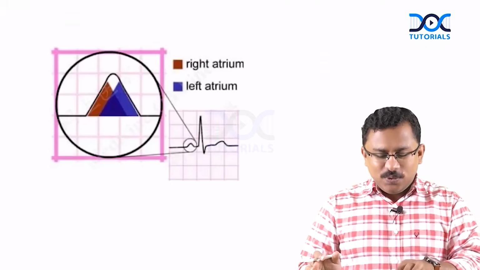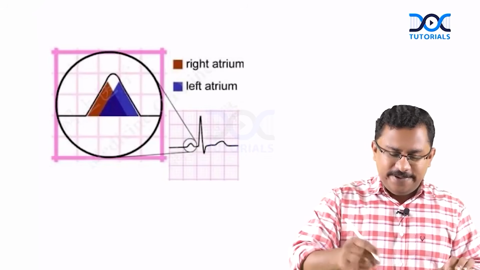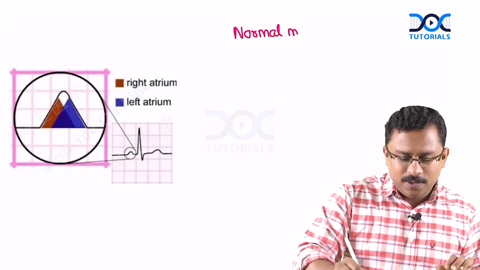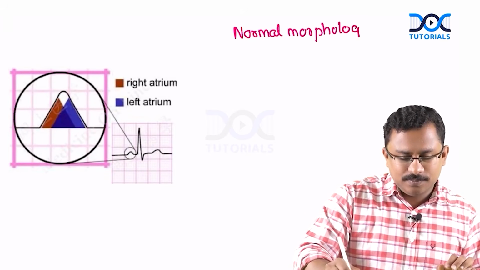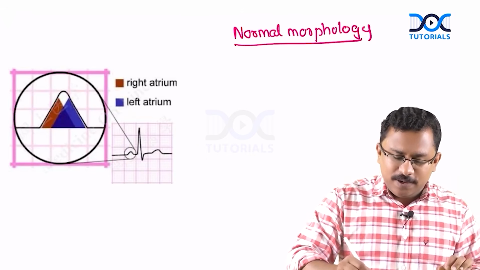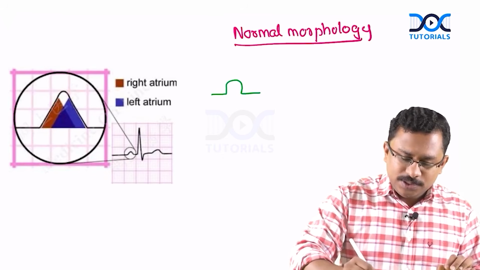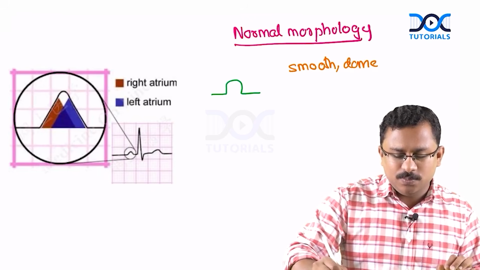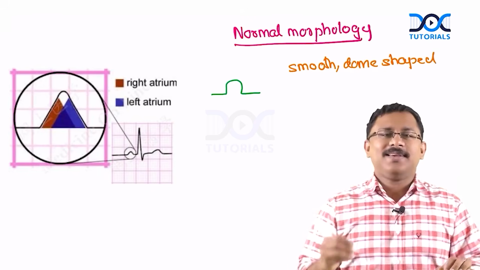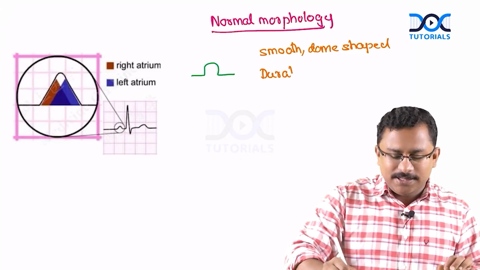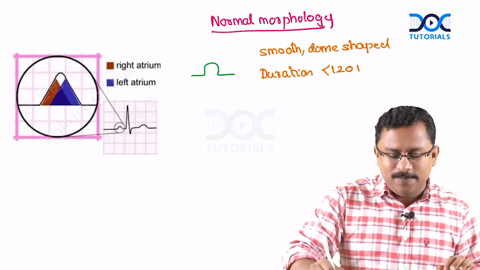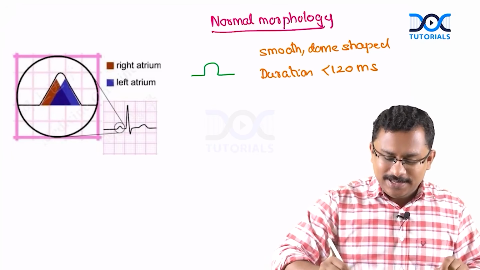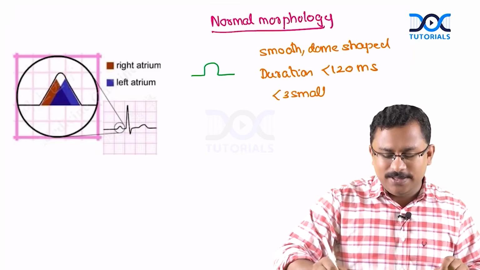Regarding the normal morphology of P wave, I'm going to teach you the normal morphology. The normal P wave has a smooth dome-shaped configuration, and the normal P wave duration will be less than 120 milliseconds, that is less than 3 small squares.